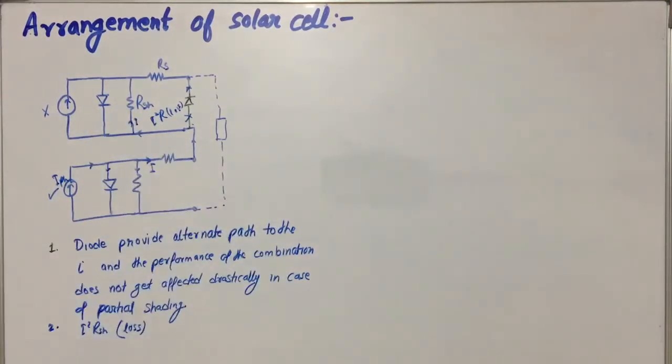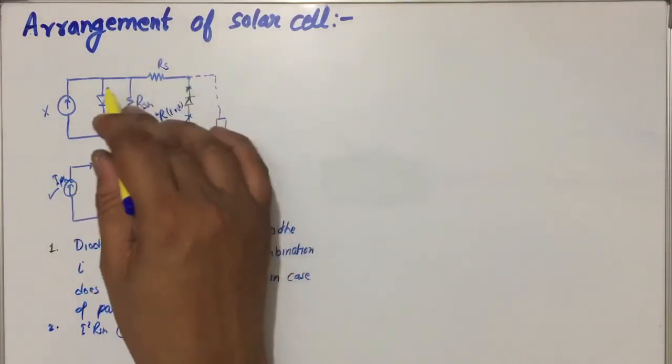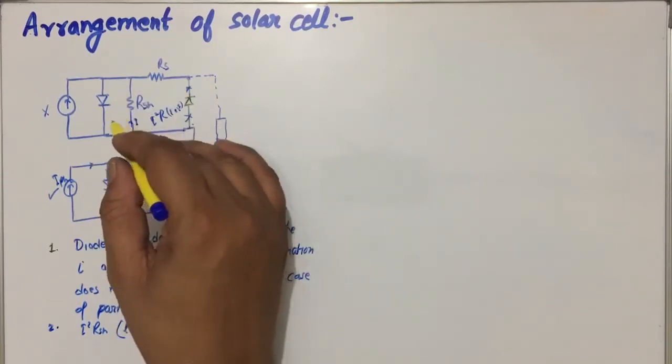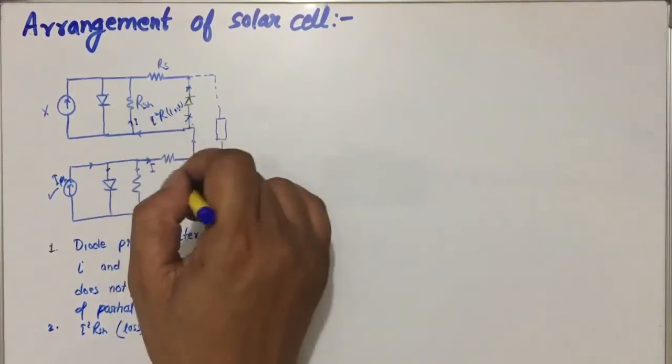this hot spot that will be formed here will cause the deterioration of the life of the cell and panel. It will change the characteristics of this cell, and slowly it will be different from the others.